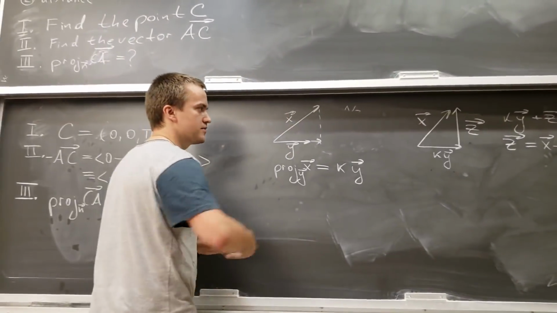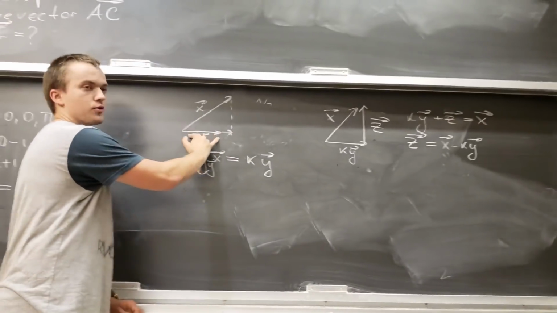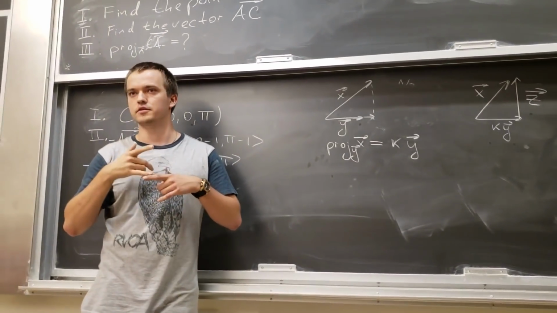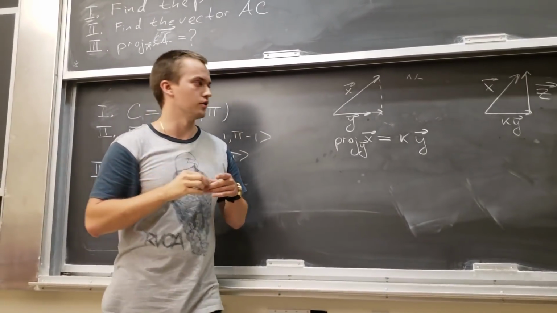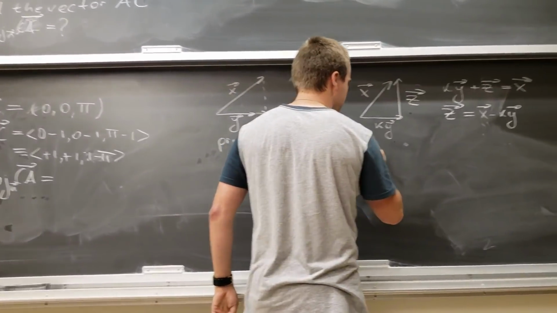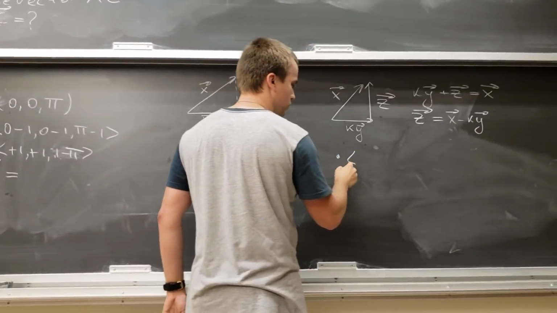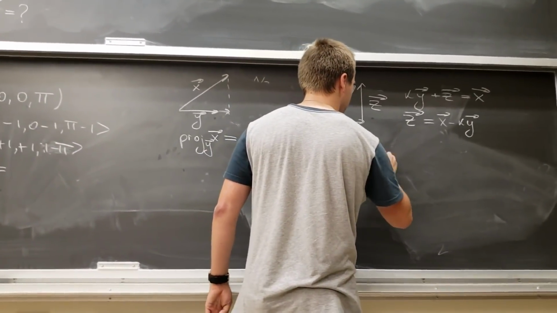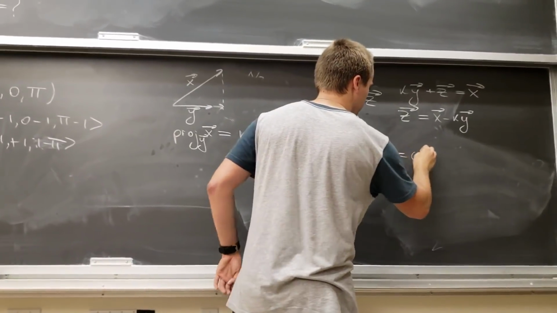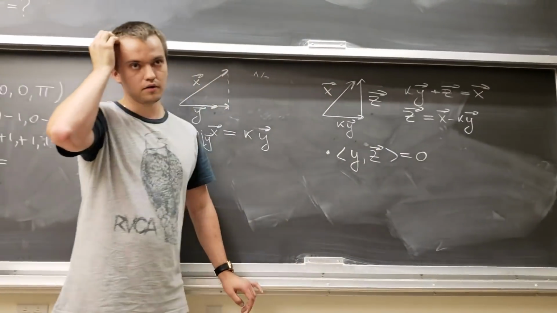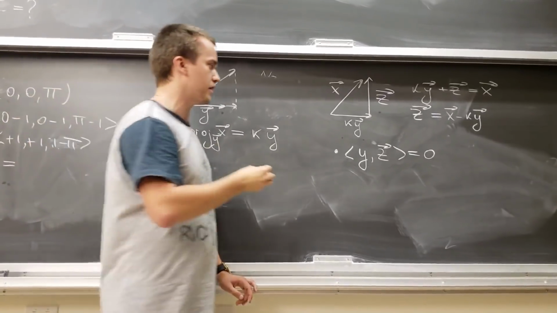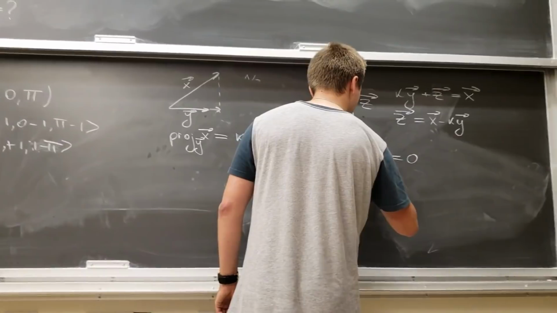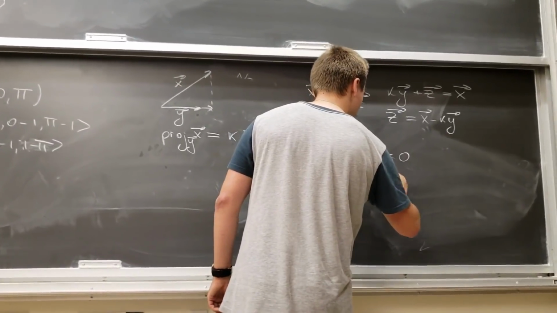So I have this vector z, and I have my vector y. What do I know about z and y? That they're perpendicular. If they're perpendicular, their dot product, and I'm going to use these brackets for the dot product, of y and z equals 0. So from here I can write (y, x minus ky) equals 0.